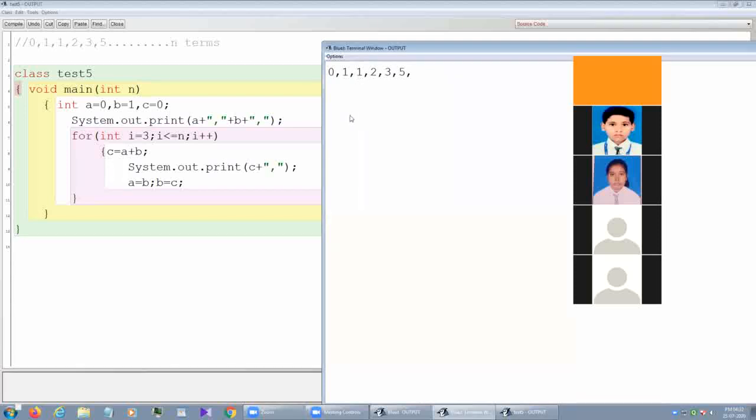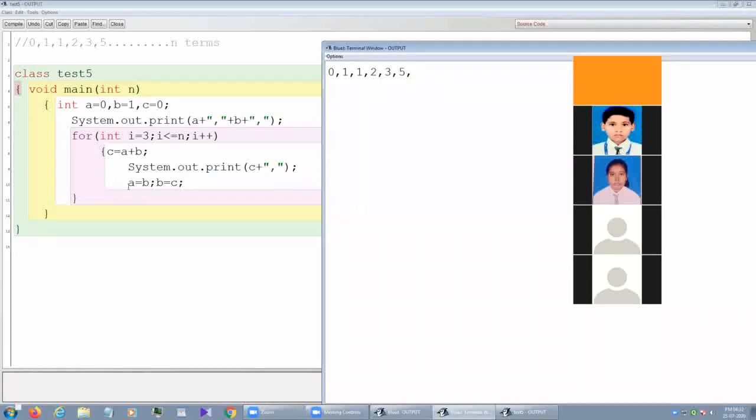Yes sir. Now A equal to B. What is the value of A now? 1. B equal to C. What is the value of B now? 1. Then the value of I became 4.